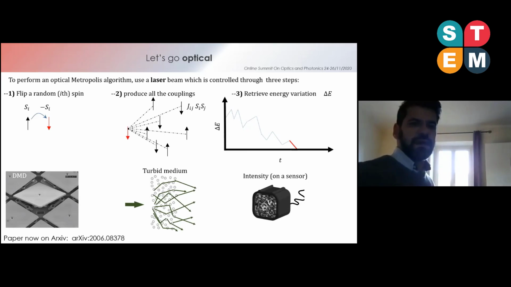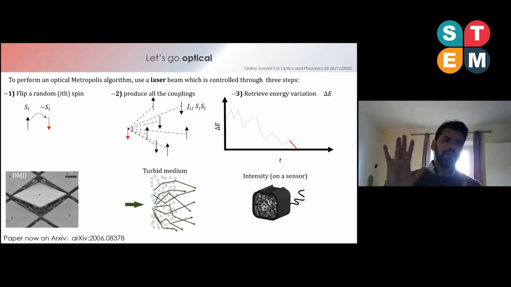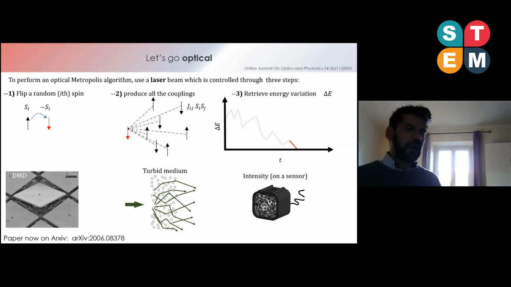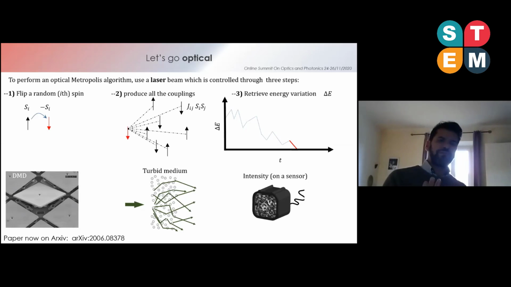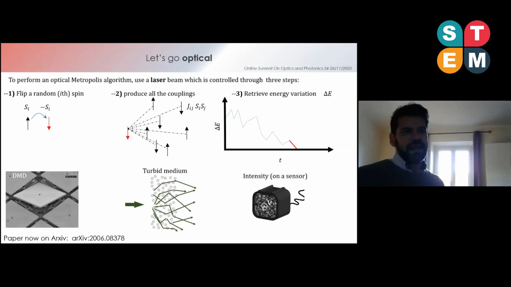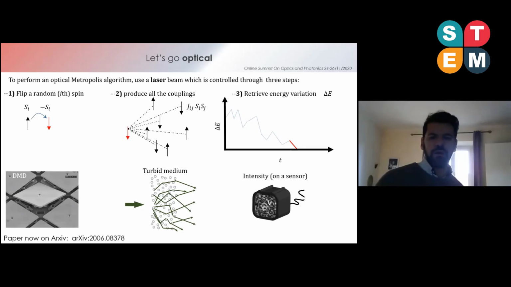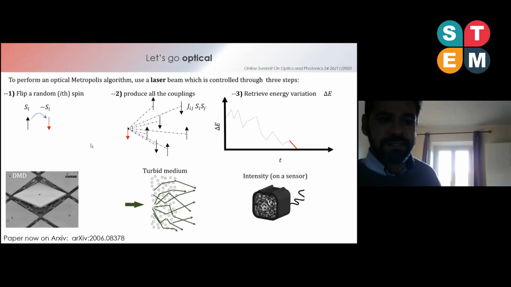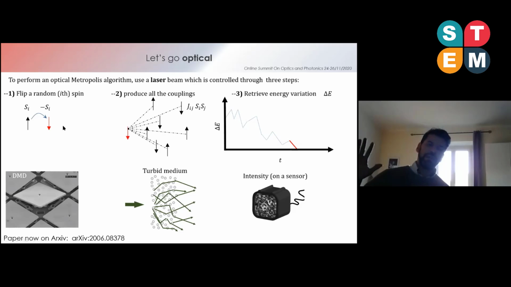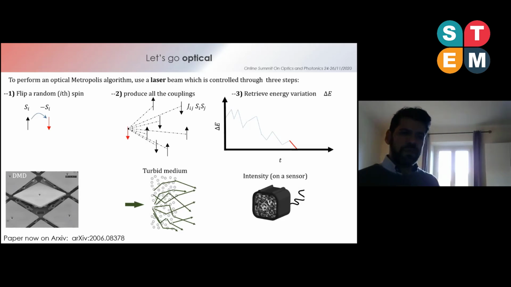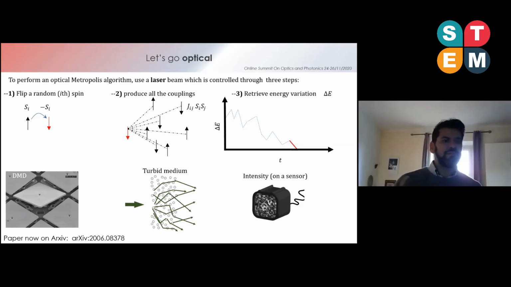So we have a laser, which is a coherent beam, so it's a flat wavefront, impinging on a digital micromirror device. We are approximating the wavefront of the laser as completely flat, and the intensity is the same on the wavefront. The laser is impinging on a DMD, and the DMD divides this wavefront into many light rays.